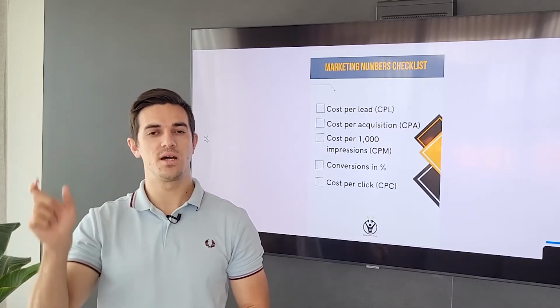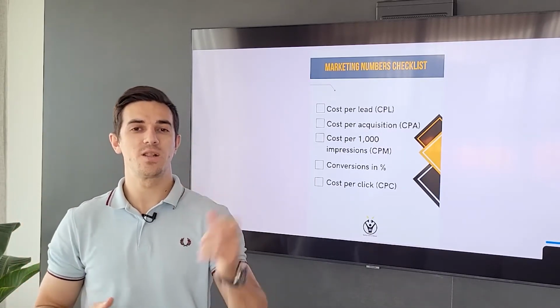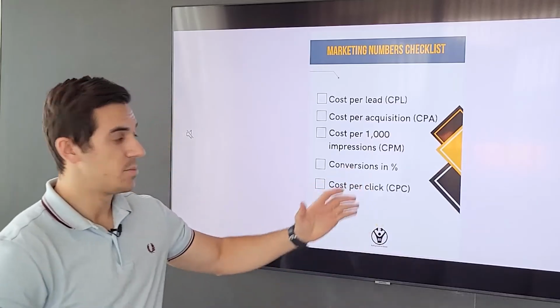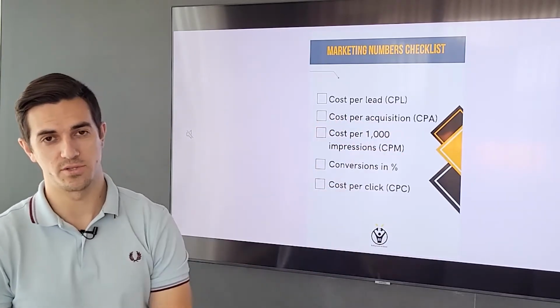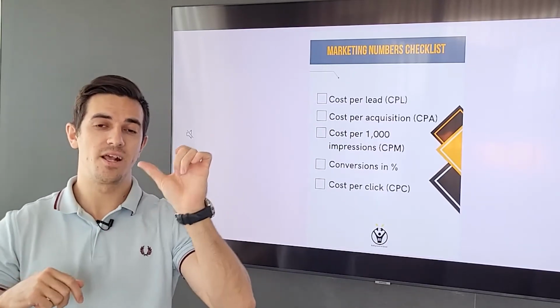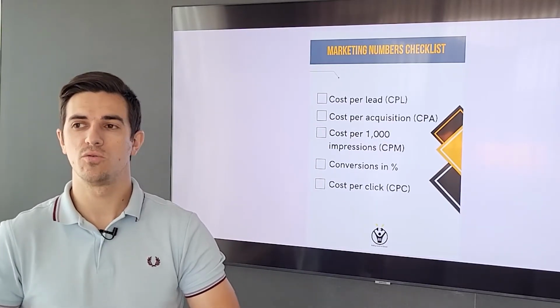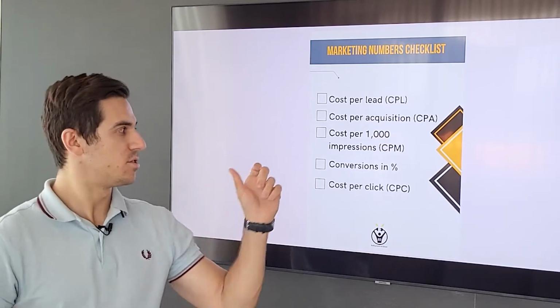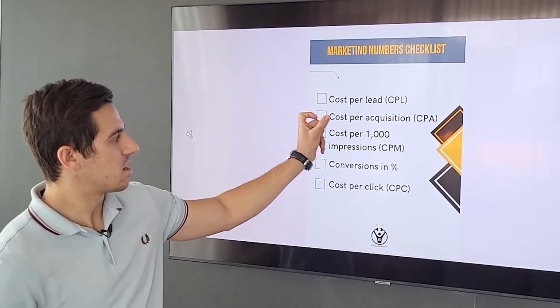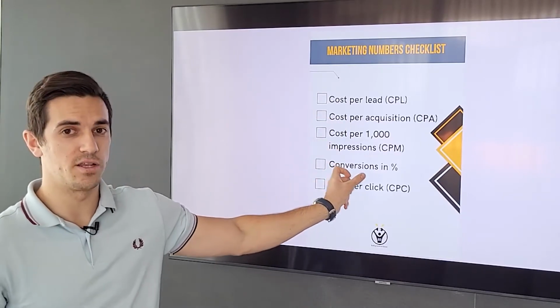Based on that number, you need to figure out how many clients you need. And how many clients you need is where you calculate the cost per acquisition, right? Then based on how many clients you need, you also figure out how many leads you're going to need. And the difference between leads and clients is the conversion rate.